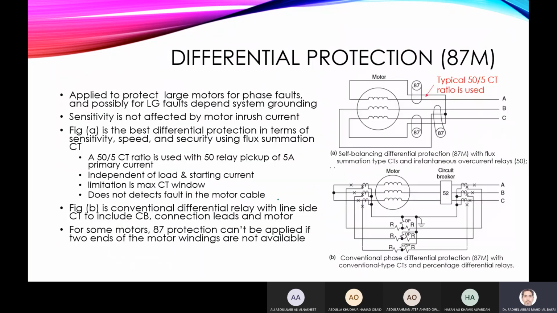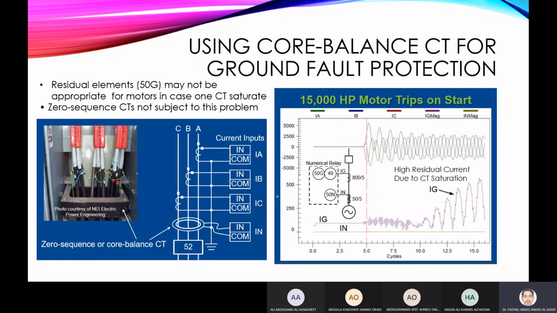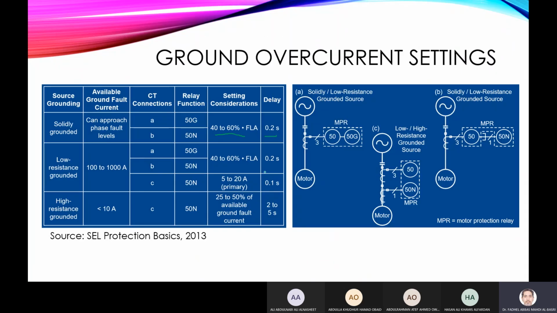Normally we delay it by 0.2 seconds. Normally we choose 40% to 60% of the full load current. For the 200 breaker, 125 ampere was its setting, and you choose it delayed by 0.2 seconds.